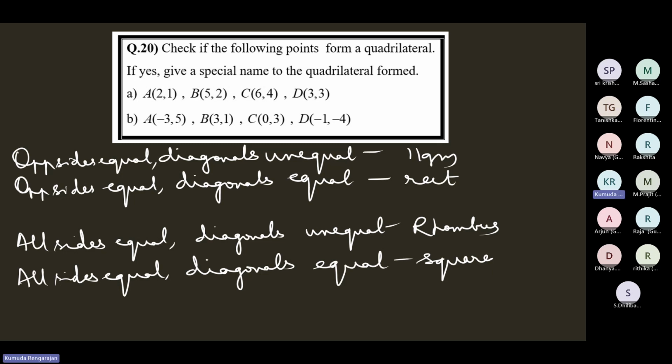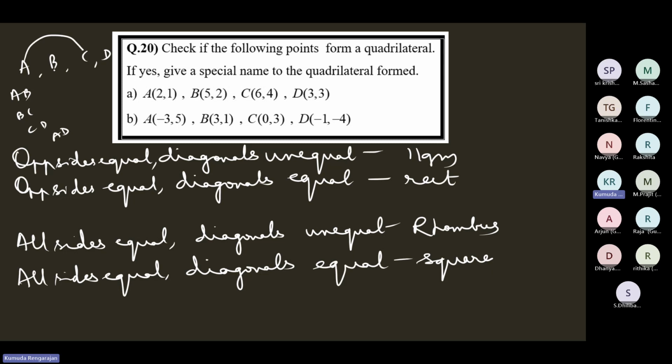So how do you check if you're given 4 points? If you're given 4 points A, B, C, D, and you're asked to check if it forms any one of these 4 quadrilaterals, you need to find AB, BC, CD, AD using the distance formula.